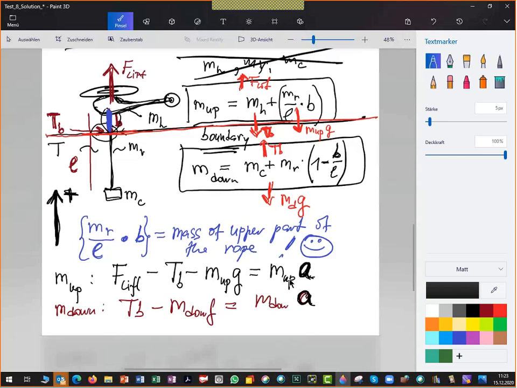Well, and that's it. What we have is good news because we have two equations and only two unknowns, TB and A. All the rest we know. And that means we can solve it. After we solve it, we can find the tension of the rope, and if you wish, you can also find the acceleration.